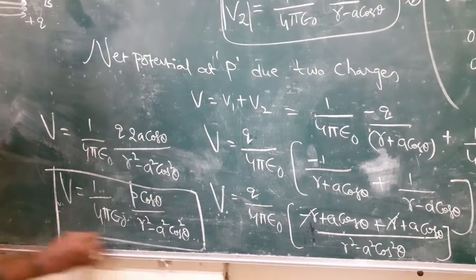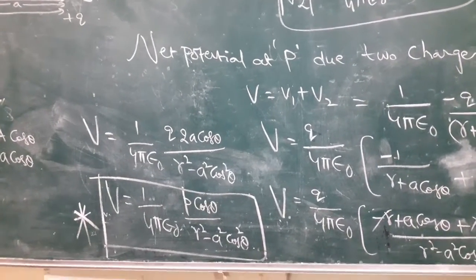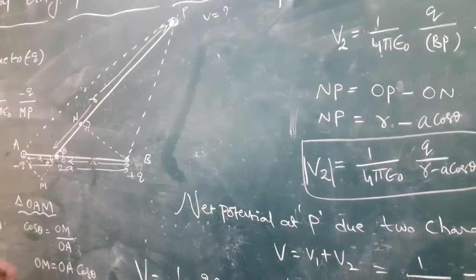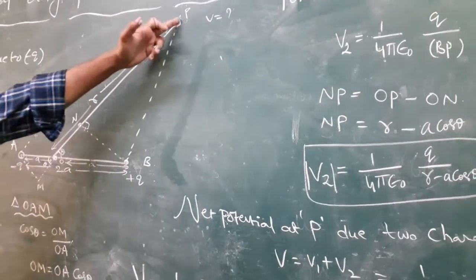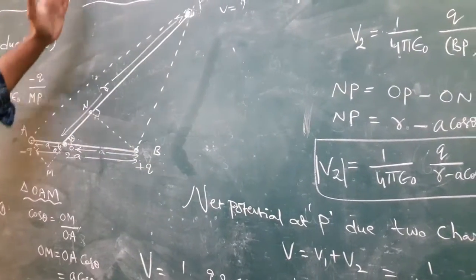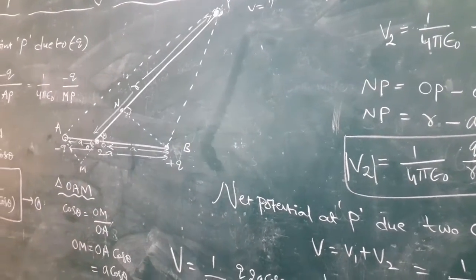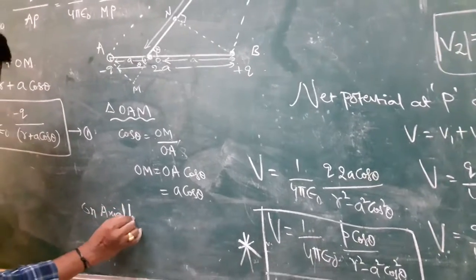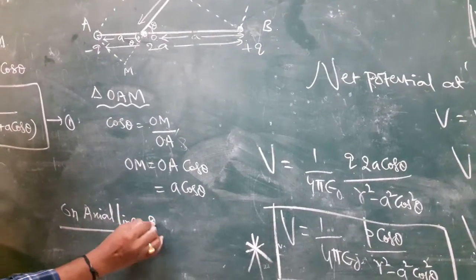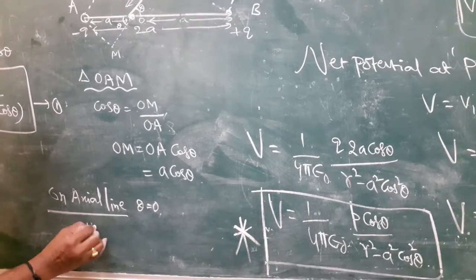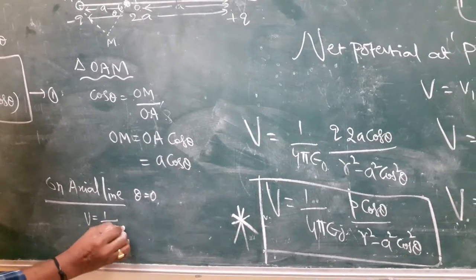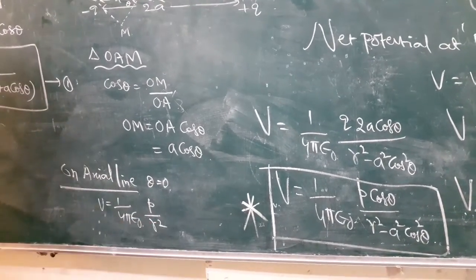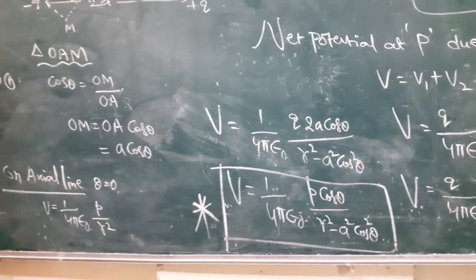This is the potential at any point on the electric dipole. For example, if theta is 0, the point lies on the axial line; if theta is 90, the point lies on the equatorial line. So on the axial line, theta is 0, therefore V is equal to 1 by 4 pi epsilon naught p by r square minus a square, because cos of 0 is equal to 1.